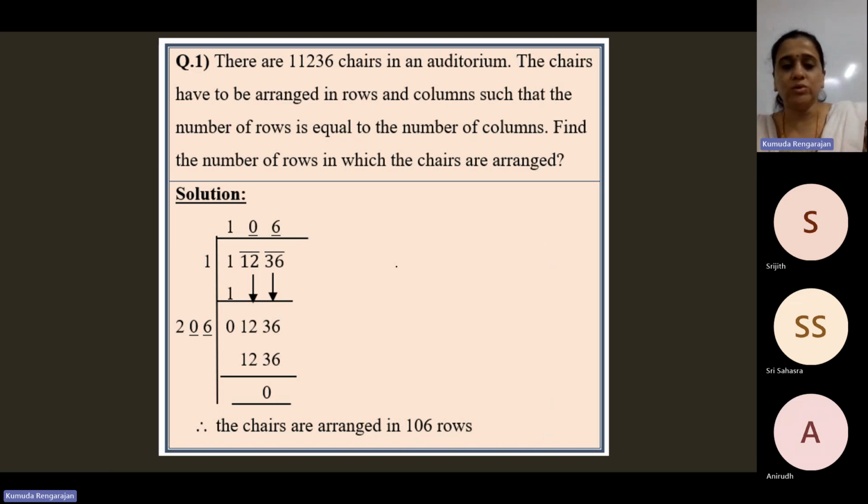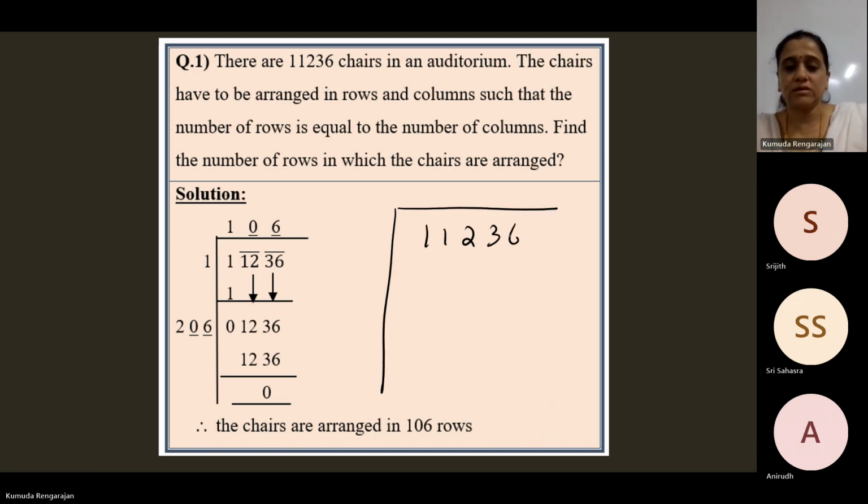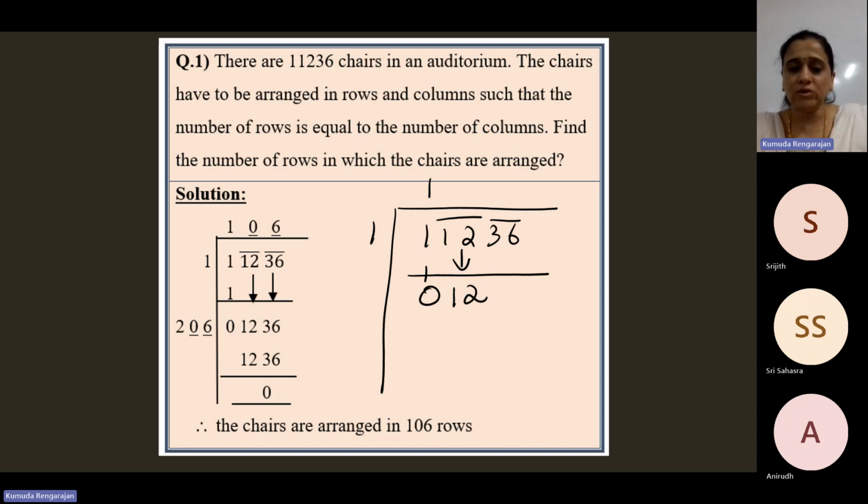So what you can also do is, see here. 1 into 1 is 1, 0. The next pair comes down. Listen to this. Double the quotient. Whatever digit here, same digit here. So 1 itself will become too much. 21 into 1 itself is more than 12.